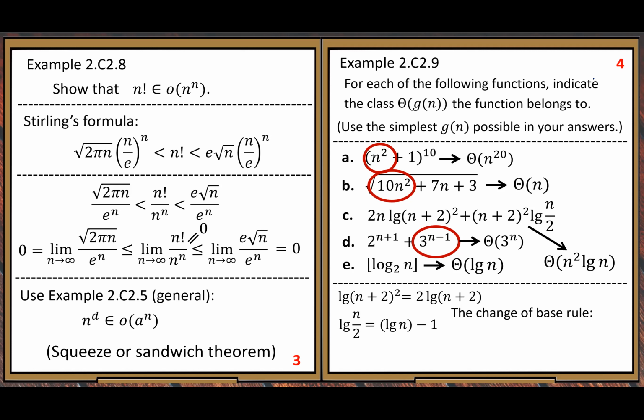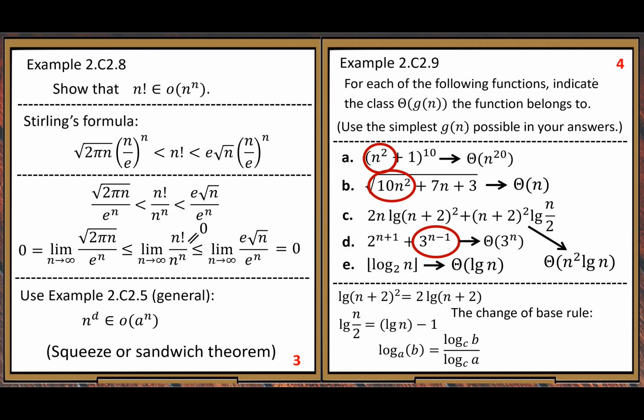And here I want to mention there is a change of base rule for logarithms. Later we may need to use it because here we use log base 2. Later when we change to a different base, we use this change of base rule like this. Here I just mention it; later when we need to use it, I will bring it back.